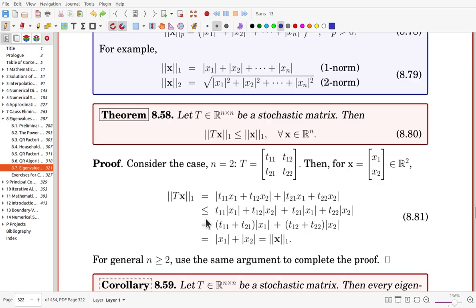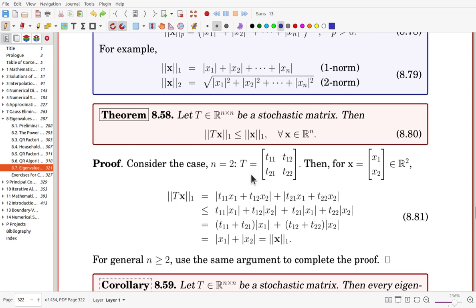You can understand this one from high school mathematics. And for the other term, the same. Now we reorganize: for the absolute value of x1, we have the coefficients t11, t21. For the absolute value of x2, we have the coefficients t12, t22. So we recheck this one.